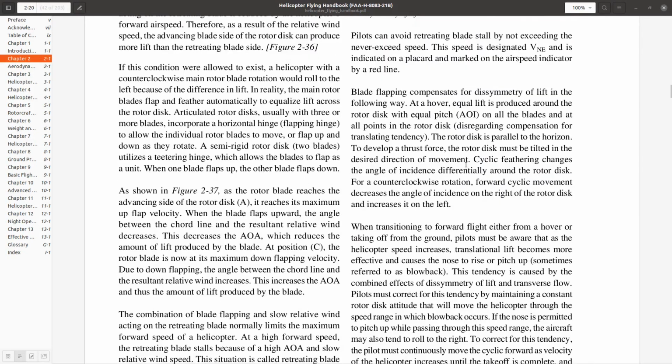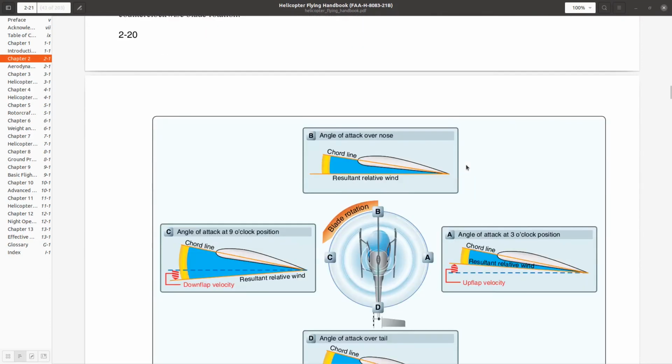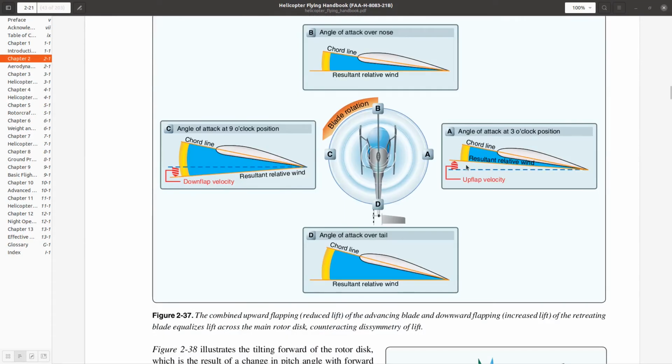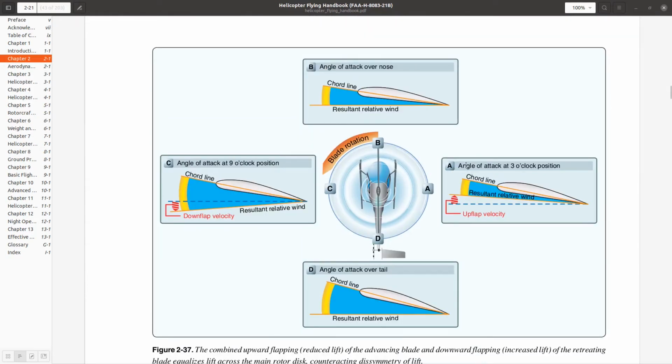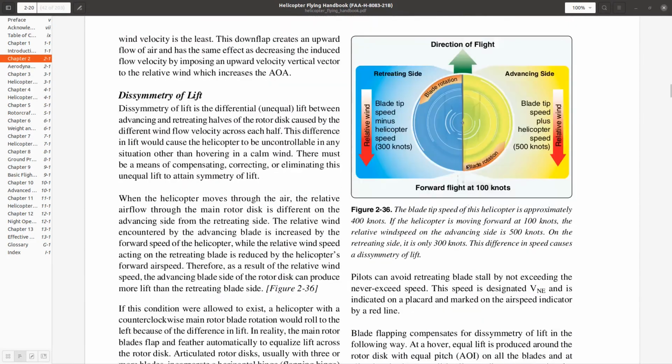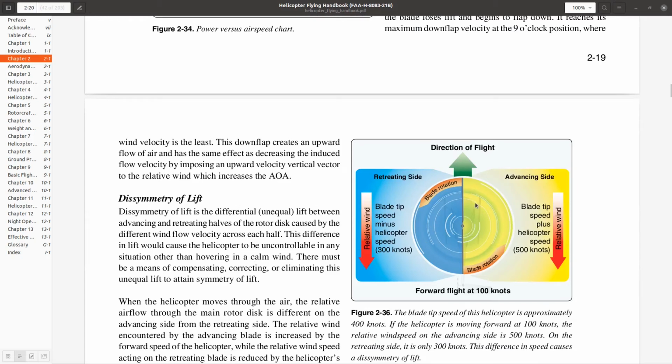So what's going to happen if I'm not careful? I'm going to run into a limitation of a helicopter. Now, one of the limitations is retreating blade stall. So what happens there? I go so fast that the airspeed gets really low here, and that airfoil is going to stall, and the helicopter is going to try to roll over.